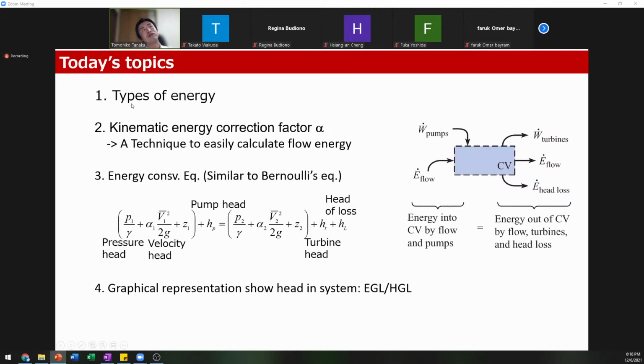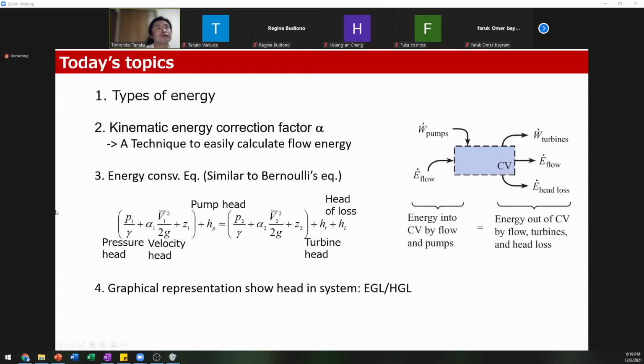So you will learn types of energy and also kinetic energy correction factors. This is just a technique to easily calculate flow energy. And also the energy conservation equation, which is similar to Bernoulli's equation.